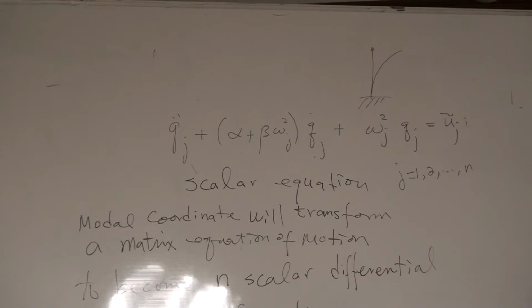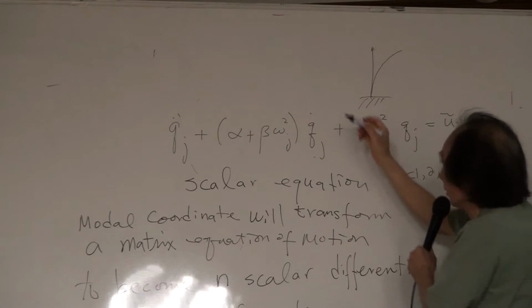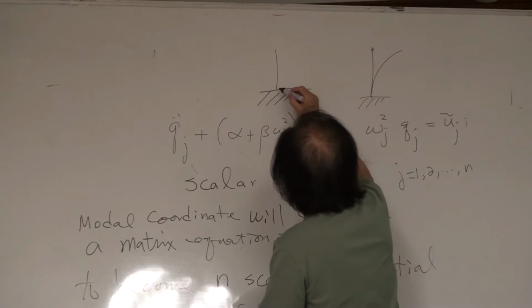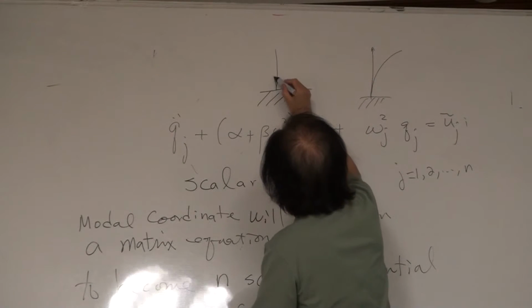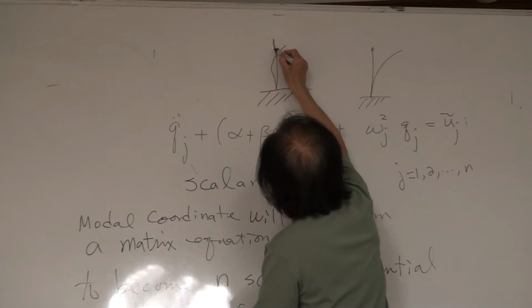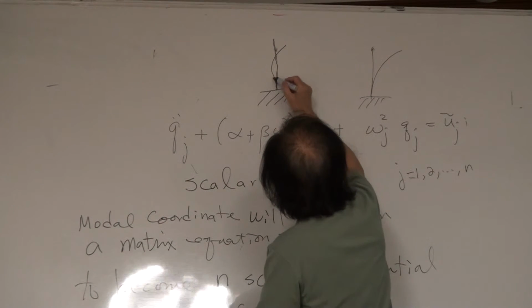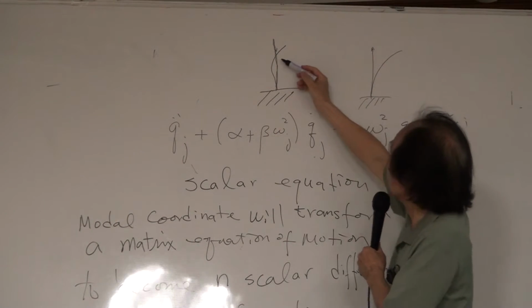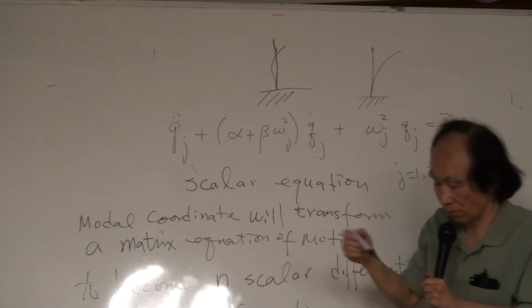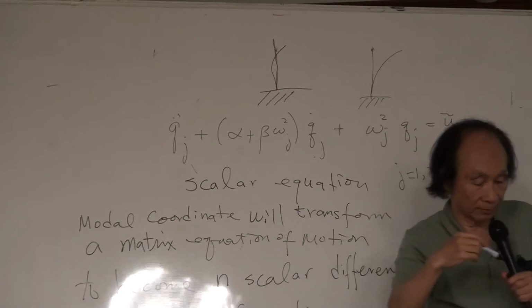And the second shape of the 101 most likely will become like this. That's my 101 second shape. There's one point that will cross the vertical axis.